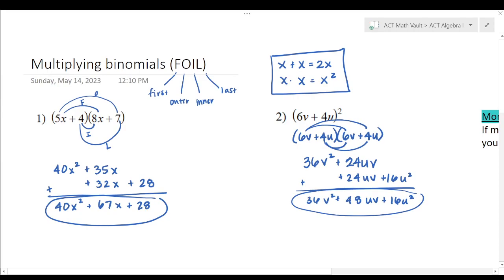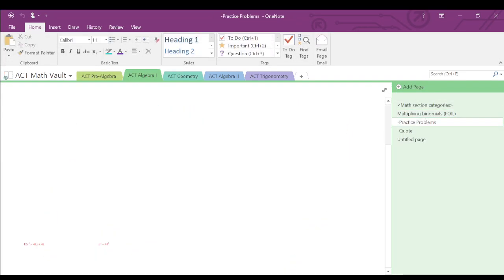All right, let's practice a little bit here. Let's go to these. So the first one matches the other first one pretty nicely. However, it's minus. So we want to practice. Just think of this 8 basically as -8. And then this second one also has 2 variables like our other second one did.